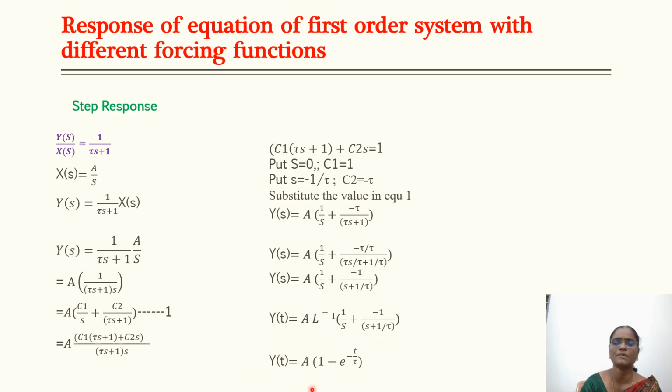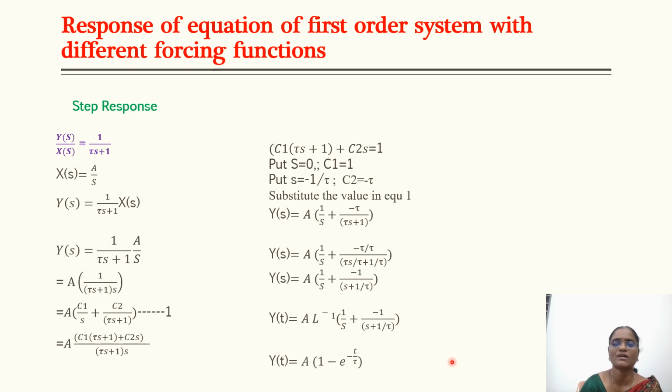This response equation gives a relationship between the output variable and time. If you know the value of the time constant tau, at a particular time you can know the output of any process. So the response equation is helpful in determining the output at any time. That is the response equation.